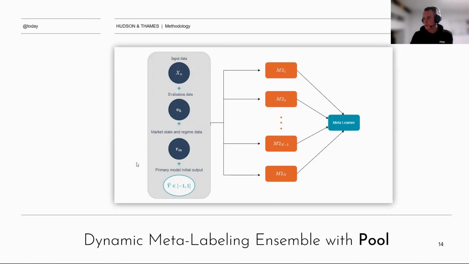And if you look again at the flowchart, we see that M2 to M1, those are our meta-labeling classifiers, so the 5 I mentioned.